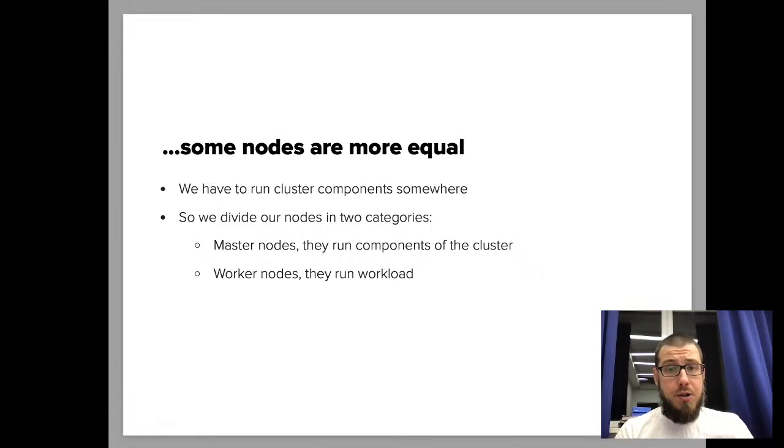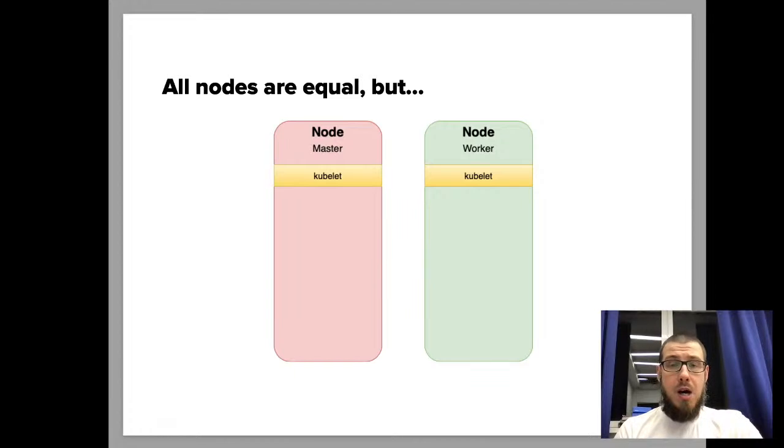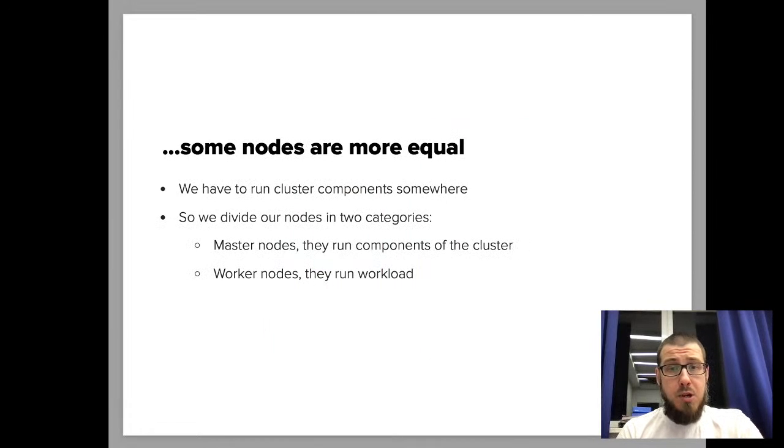So we divide our nodes into two categories: master nodes, which run the components of the cluster, and worker nodes, which run only the workload. The main thing to know is that kubelet is running on all nodes in the cluster. Okay, so some nodes are more equal than others.